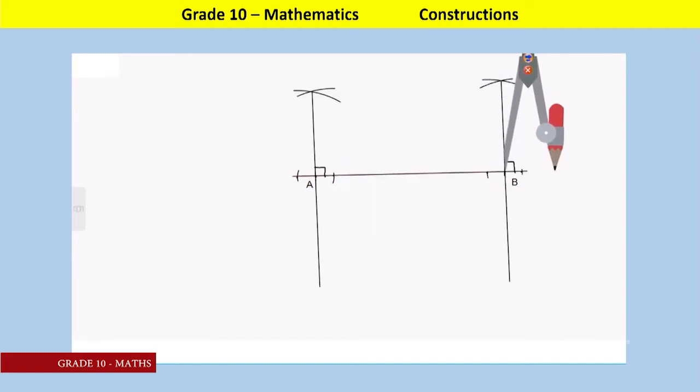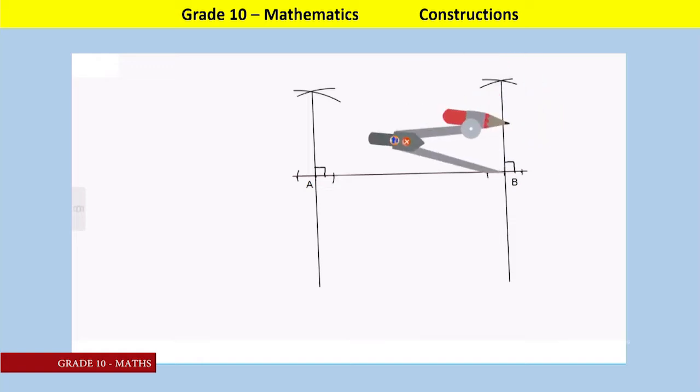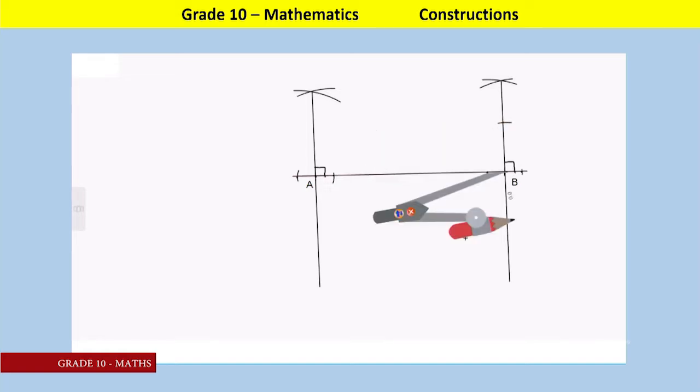Now keep the steel point on B, draw an arc to intersect that perpendicular line. That line and arc intersect at a point that is 3 centimeters away.